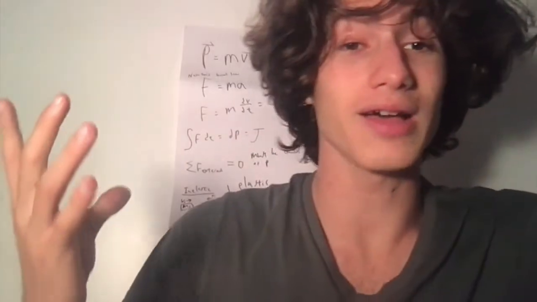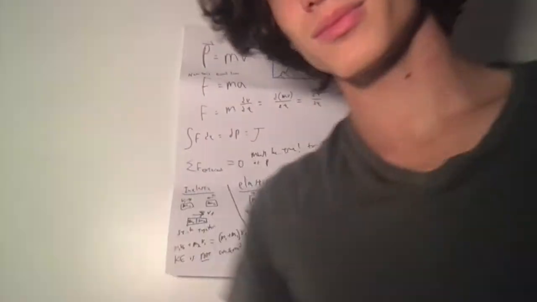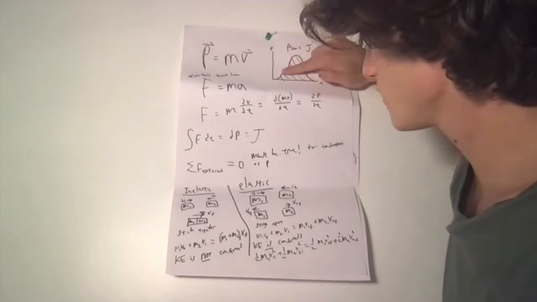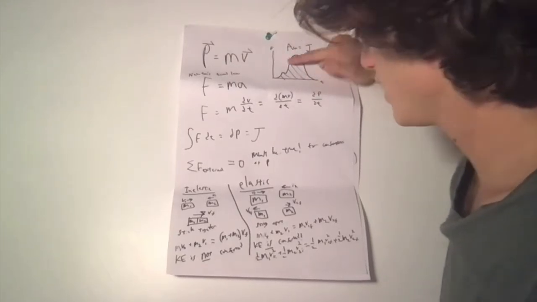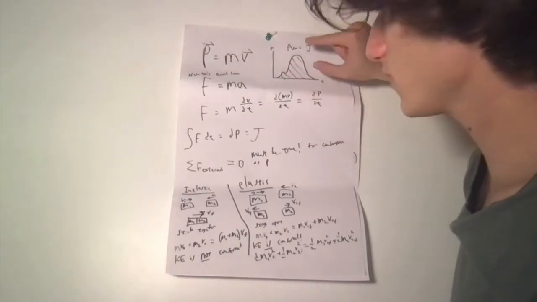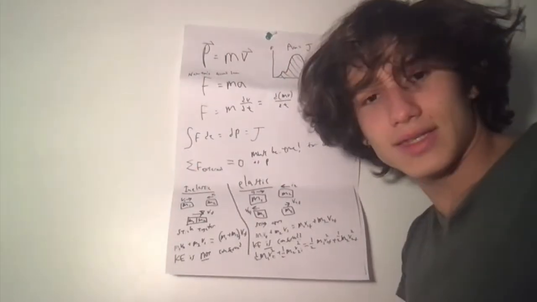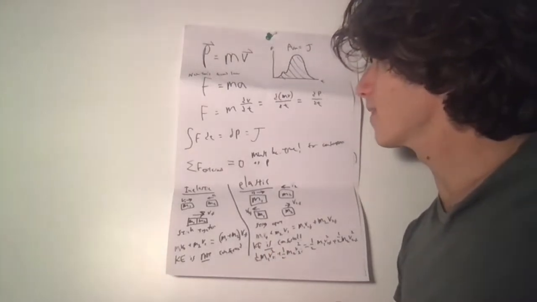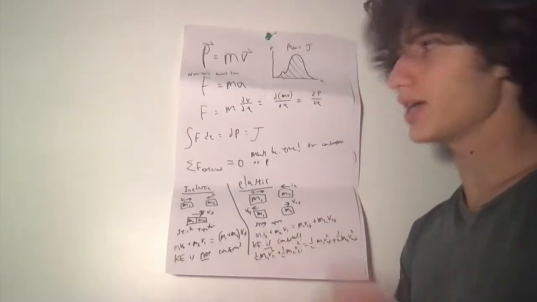This might be a bit hard to think about, which is why we have here a little visual. We have here a graph which models force with respect to time, and we have this curve. Now this curve is the amount of force exerted on a system or on a body over time, or in every moment in time.